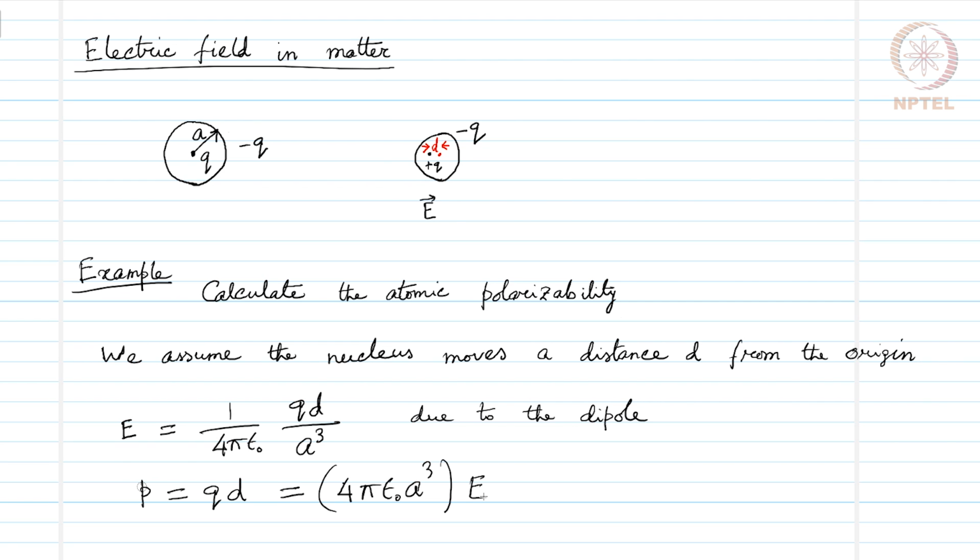So, the atomic polarizability we are supposed to calculate, if we express atomic polarizability as alpha, that would be equal to 4 pi epsilon naught a cubed, that is 3 times epsilon naught times the volume of that atom.